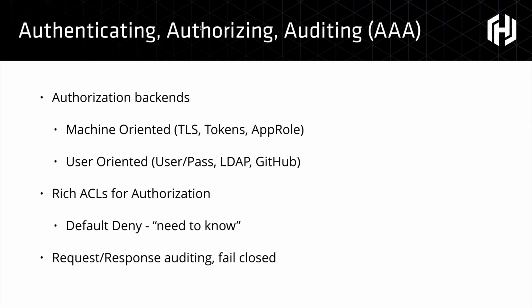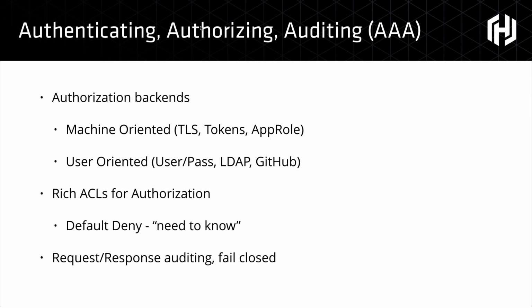And the key with all of this is really what we're trying to provide as we're centralizing our secret access: a way of providing authentication, authorization, and auditing in a uniform way across all of these different systems, right? And to that end, we have a few challenges. On the authentication side, we have two different real classes of entities that need to authenticate. There's machines, which need things like mutual TLS, tokens.